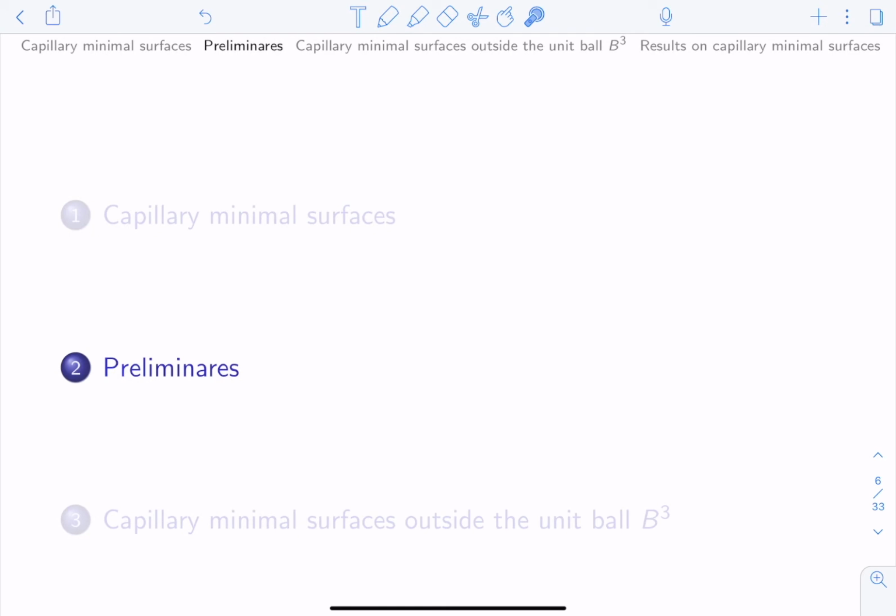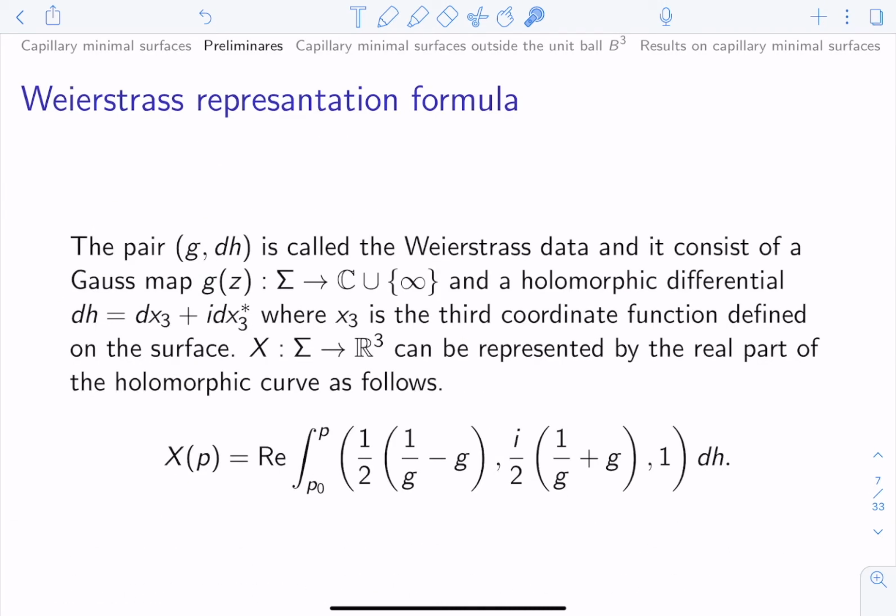Now we review some of the elementary methods, including the Weierstrass representation formula. The pair g and dh is called the Weierstrass data, and it consists of the Gauss map g(z) of the surface and a holomorphic differential dh, where x3 is the third coordinate function defined on the surface.